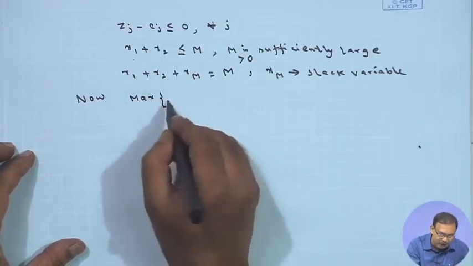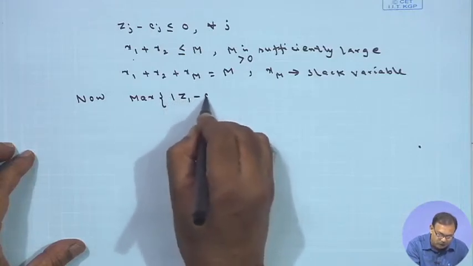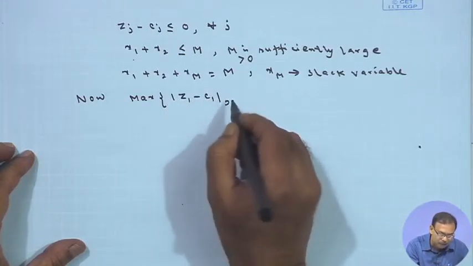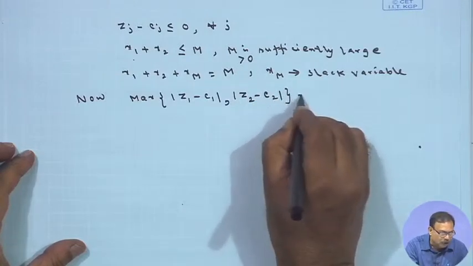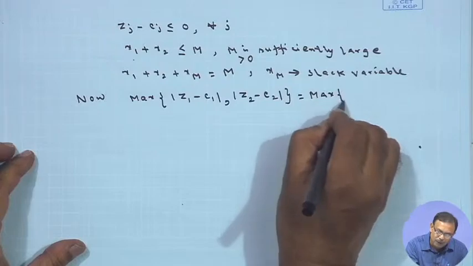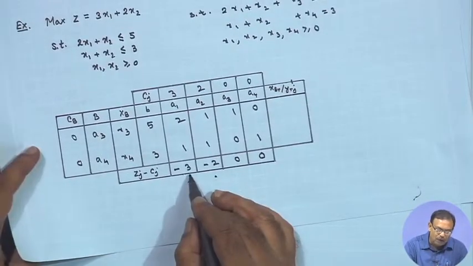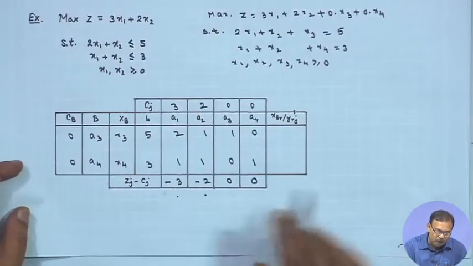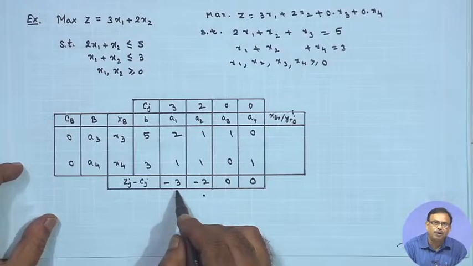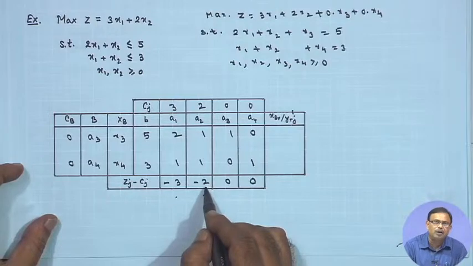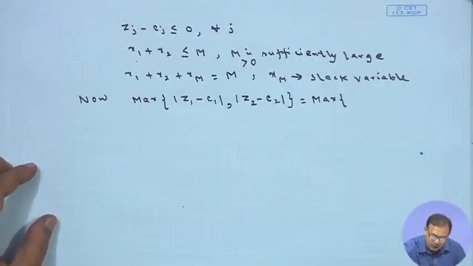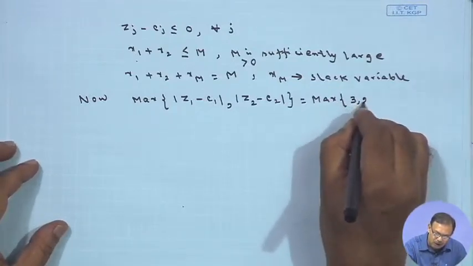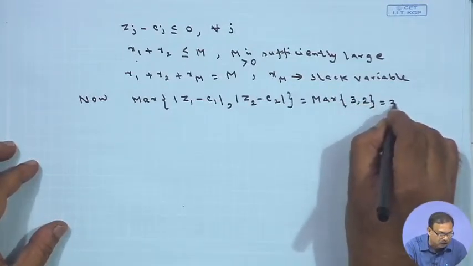So, the maximum of the modulus of z 1 minus c 1 comma z 2 minus c 2. z 1 minus c 1 is 3 in absolute value. Similarly, z 2 minus c 2 is 2 in absolute value. So here it will be the maximum of 3 comma 2, and this equals 3.